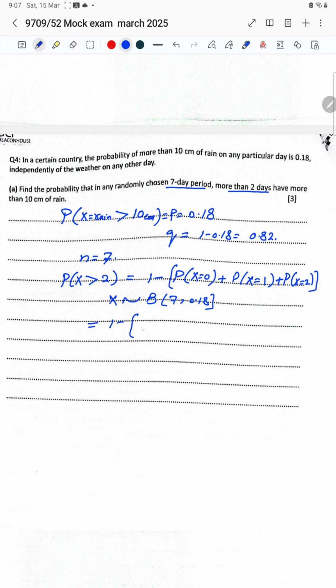1 minus, here I'm going to solve: 7C0 times 0.18 power 0 times 0.82 power 7, plus 7C1 times 0.18 power 1 times 0.82 power 6, plus 7C2 times 0.18 power 2 times 0.82 power 5.